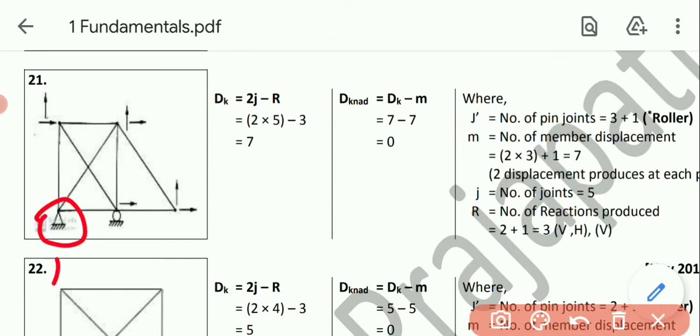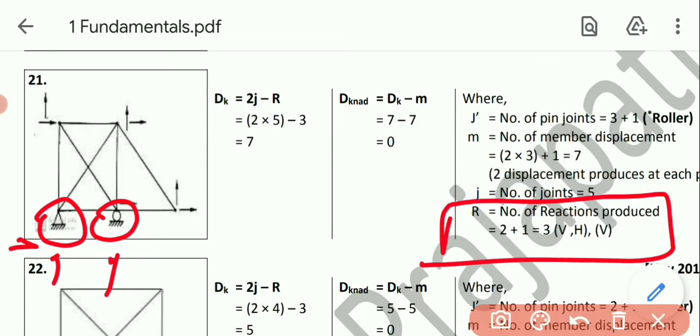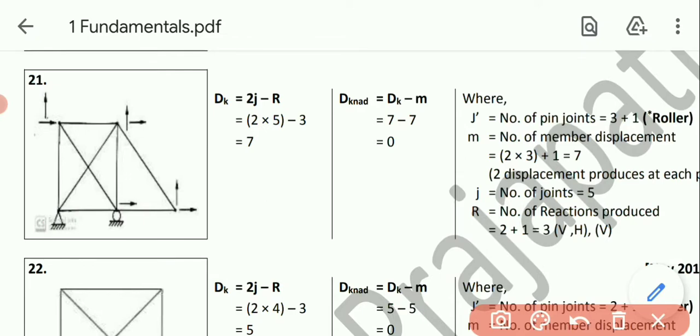Same kind of sum, but hinge gives vertical and horizontal, roller gives vertical, so capital R is 3. Then joints 1, 2, 3, 4, 5: the number of joints is 5. J dash, the number of pin joints, is 1, 2, 3, and for the roller support 1 will be there, so 3 plus 1.